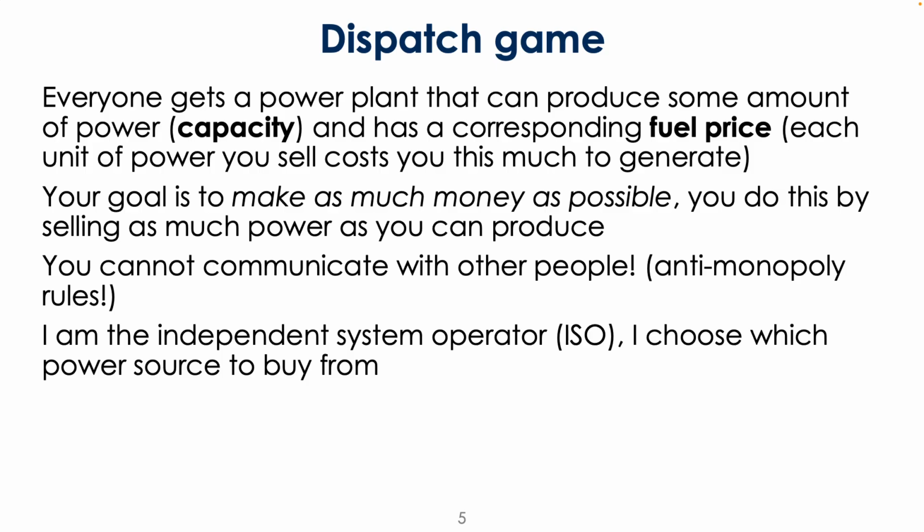Your objective as an individual power plant owner is to make as much money as possible, right? We are free market capitalists, and so the more electricity that you sell, then ostensibly the more money that you can make.